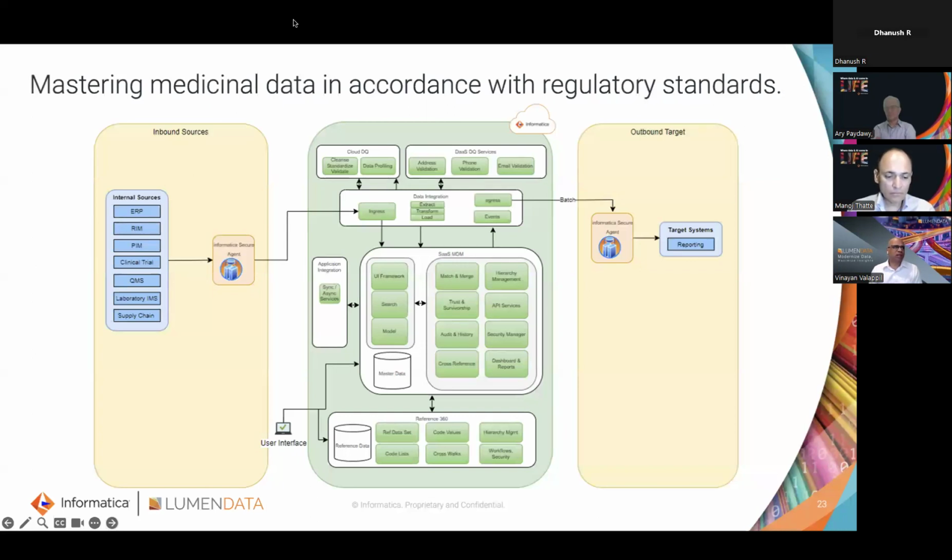Bringing these reference data lookups to Informatica's reference data and tying them up with the right crosswalk is key. And this is a time-consuming process where we have to work with each and every system and department to make sure data is coming in seamlessly. Because again, we are looking at global data. Every regulatory system has a different format today, and IDMP is going to standardize it. So there is a lot of work required to bring the reference data into the IDMP standard to consolidate the medicinal data.